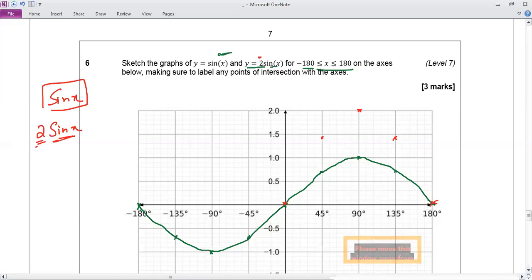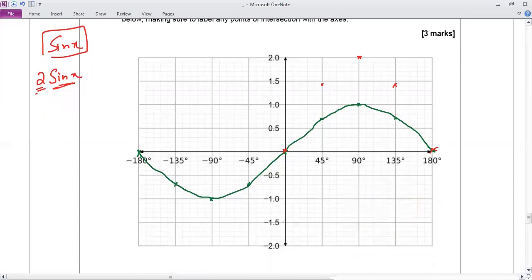In the same way, for the negative 45, 2 sine will have the value negative 1.41 here. Then for minus 90 degree, it will be negative 2. For minus 135, it will be negative 1.41, and for 180 degree it will be this.